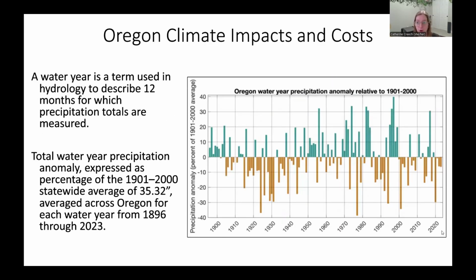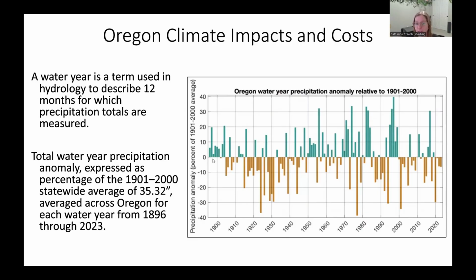We have been tracking water years for over 100 years. This is a graph showing us the difference. Here's the Oregon water year, and a water year is 12 months when you track your total precipitation. So we are looking at Oregon water year precipitation anomaly relative to 1901 to 2000.